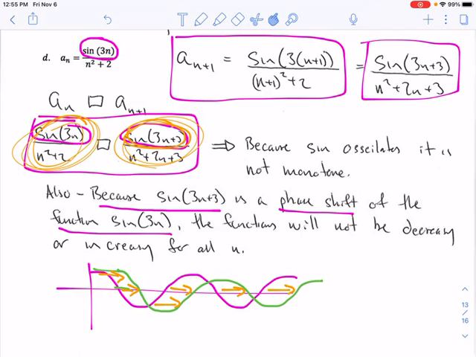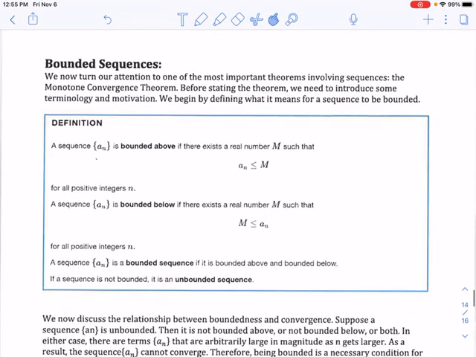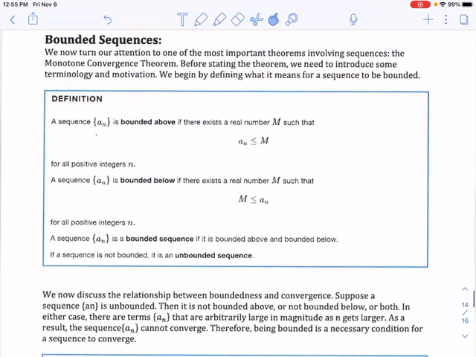All right, now on to bounded sequences. A bounded sequence simply means that there is an upper bound and a lower bound. If a sequence is bounded above, there exists some number m such that the term of the sequence is always less than m.